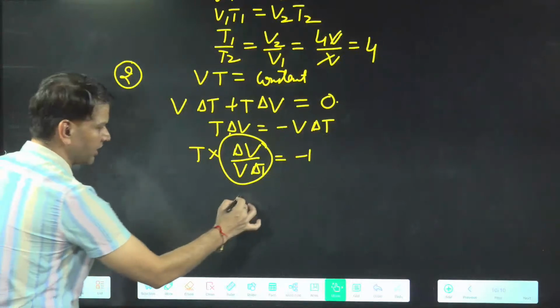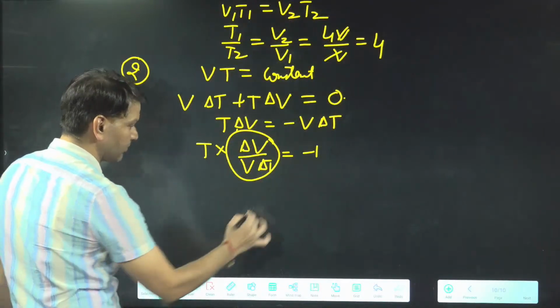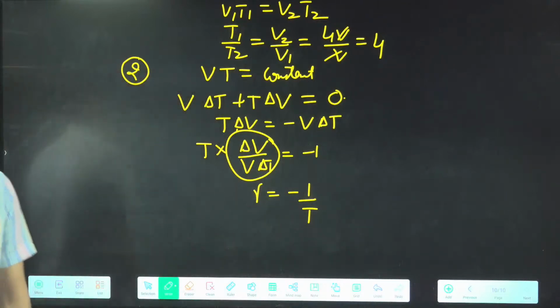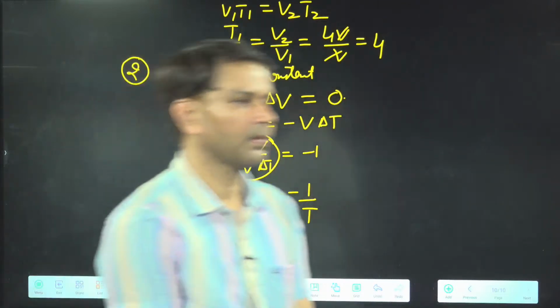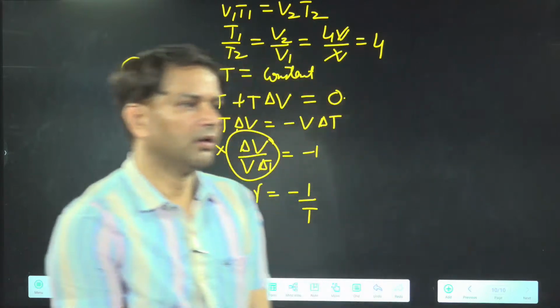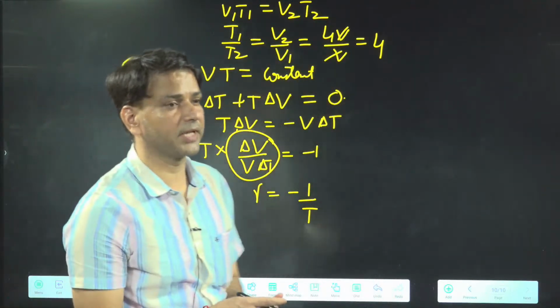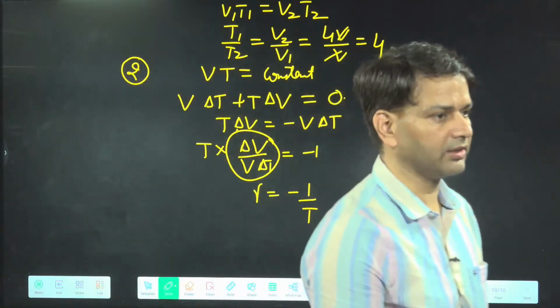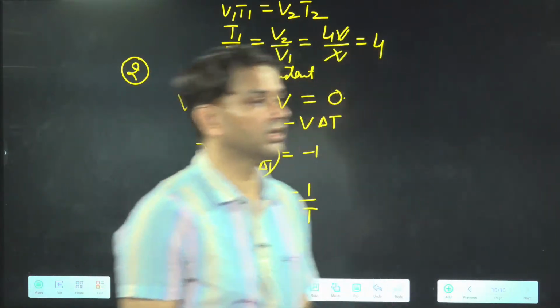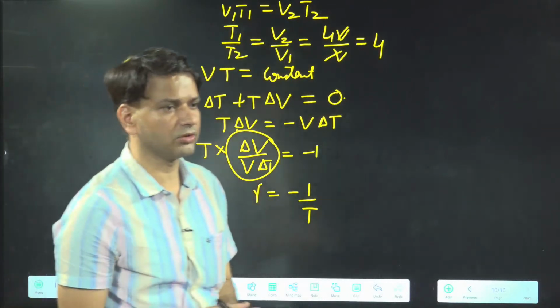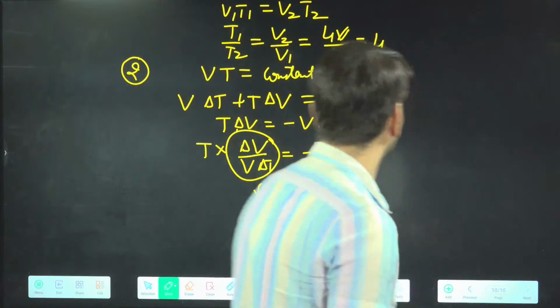So gamma is equal to -1 by T. In NCERT, for constant pressure they have given that gamma is equal to 1 by T. In the exercise, in the solved example, they have said that the gamma of the gas depends on the temperature.